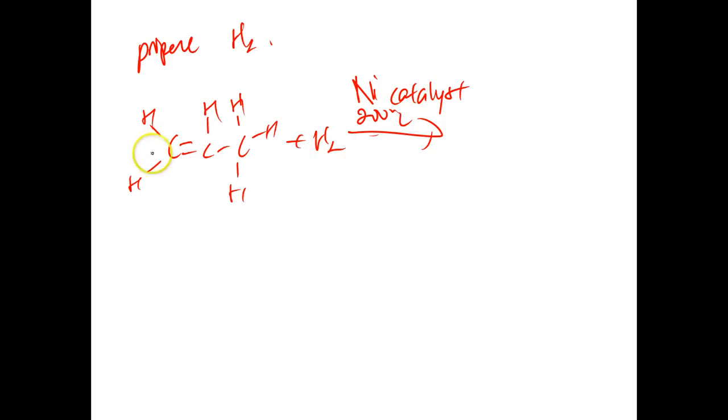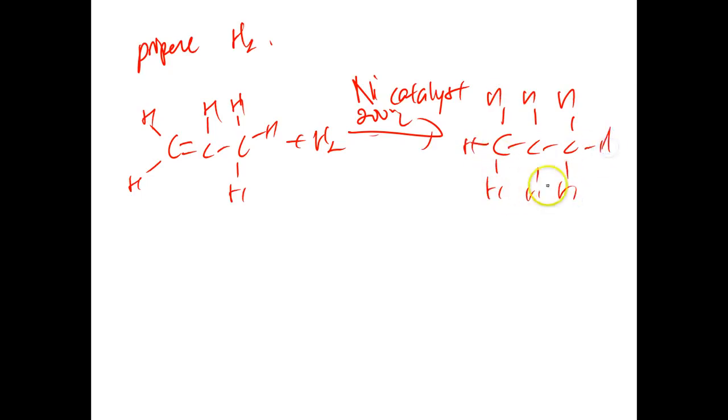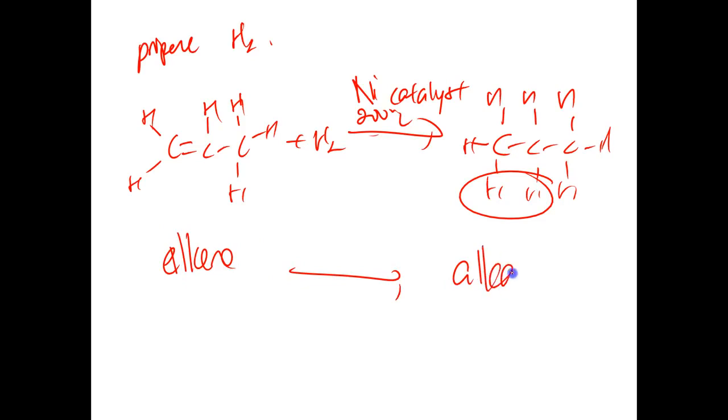So we add the hydrogen across the double bond, and what do we get? At the end of the day, we have an alkane. This is the hydrogen that was added across the double bond. So when I add, I start with an alkene and it becomes an alkane. Any time you see the conversion of an alkene into an alkane, you will need to use hydrogen. Okay, addition reaction or hydrogenation.